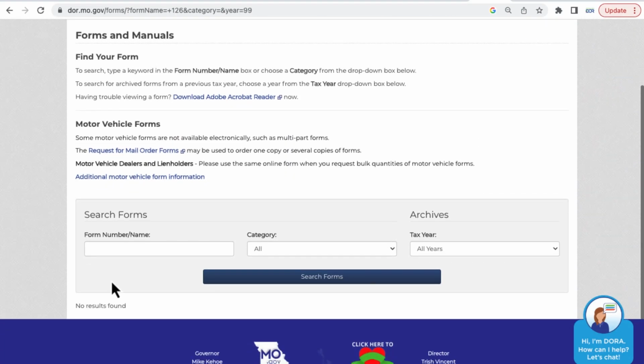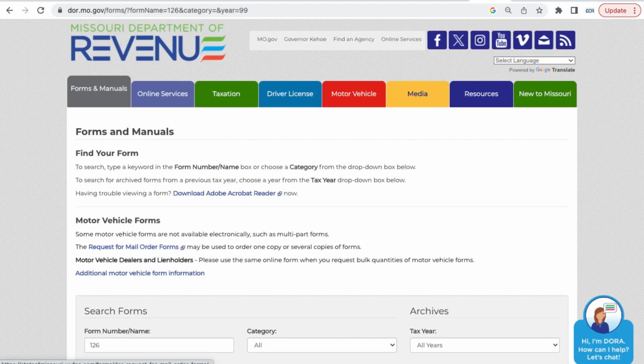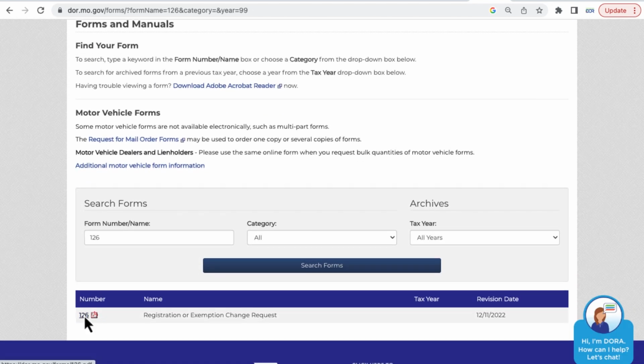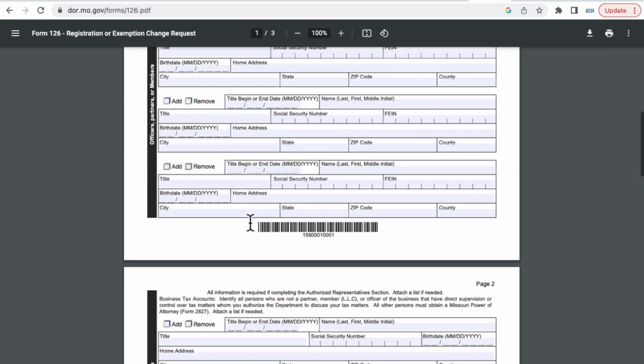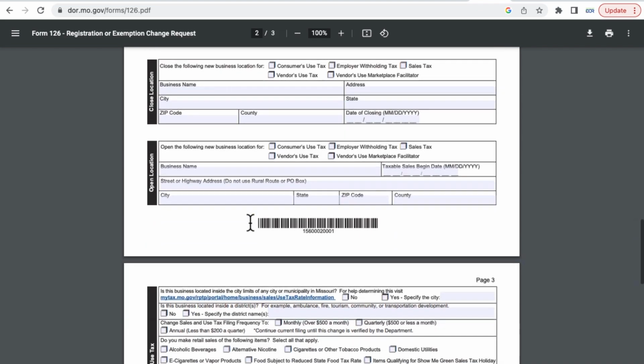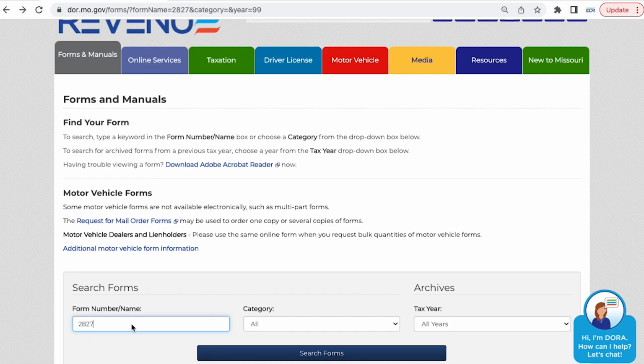Individuals can be added or removed thereafter with Form 126. If the department needs to reach out regarding your claim, only authorized individuals will be eligible to discuss the details of the claim, unless they have already been designated as a power of attorney for the whole account, or if they are given power of attorney specifically for the claim.